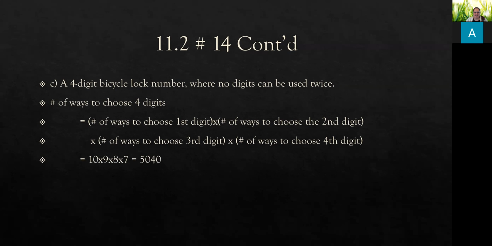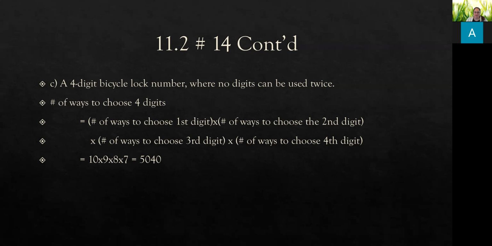So we have 10 different digits we can choose from for my first digit. And whatever I use as my first digit, I'm not allowed to use that as the second digit. So there's only 9 choices for the second digit. And whatever digit was used in the first or the second place, you can't use again for the third place. So now there's only 8 different digits that you could use in the third spot.